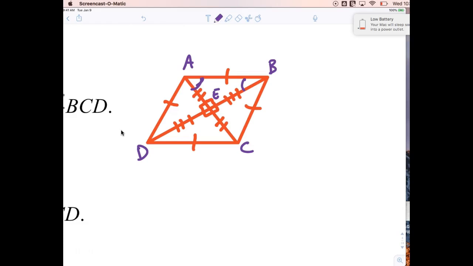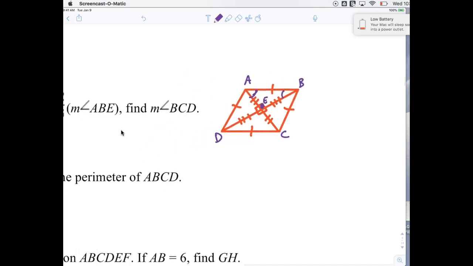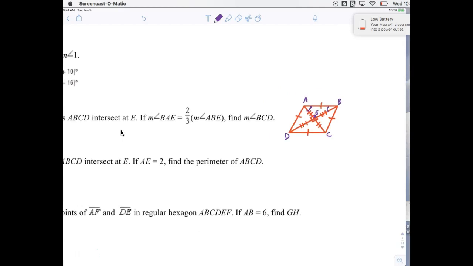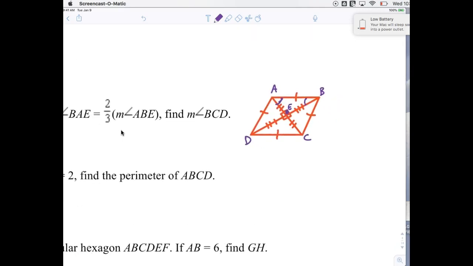Now that to me is an unusual question because I would never ask that. I would just ask you to understand how we know that. This angle down here is how much? 90. Therefore, the other two angles have to add up to what? 90. All right, so what they're doing is they're saying one of them, BAE, is 2/3 of that.